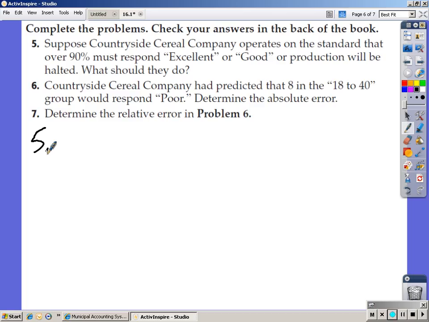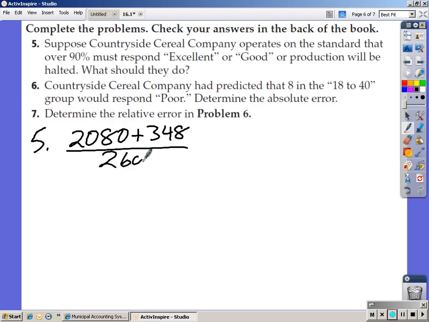Now, looking back in your table, look at the number that responded excellent, which was 2,080. We're going to add the number that responded good, which was 348, and we're going to divide that by the total, which is 2,600.